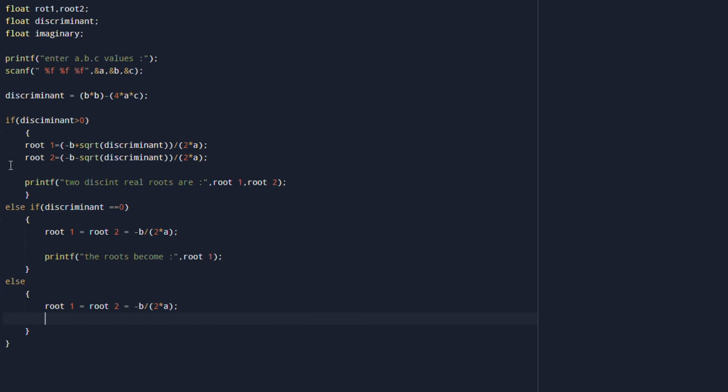The imaginary part becomes imaginary equals square root of minus discriminant by 2 star a.